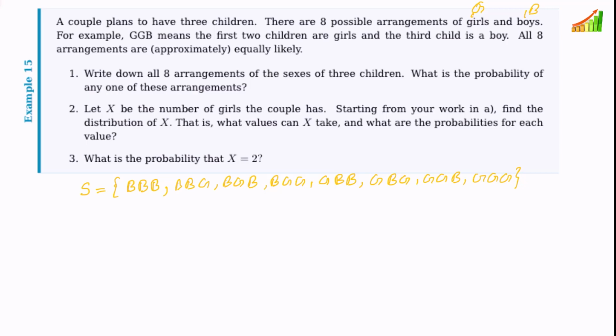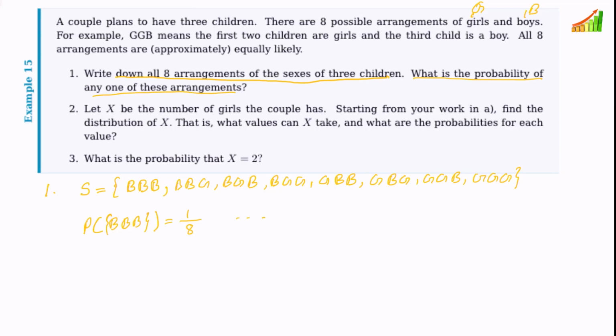First one, write down all 8 arrangements of sexes of 3 children. That is the one we have here already. What is the probability of any one of these arrangements? What is the probability of B, B, B? We have only one B, B, B. Therefore, 1 divided by total 8, 1/8.